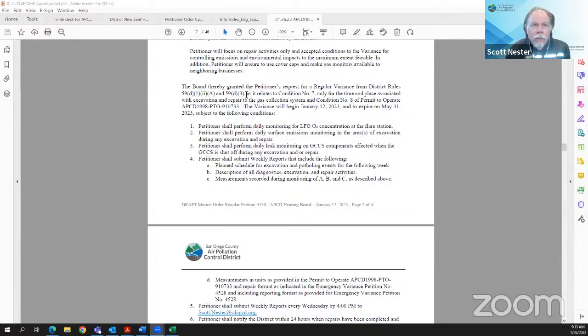And this is because permit condition number 7 is one that petitioner was seeking relief from, and it's not related to section 59D3. So if that is changed there, it will make condition number 7 standalone and be part of the variance.